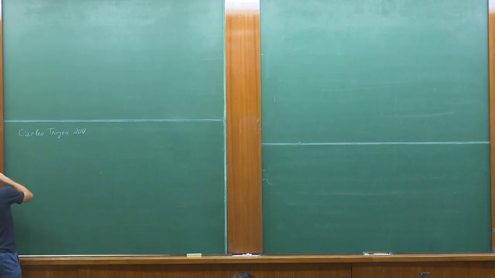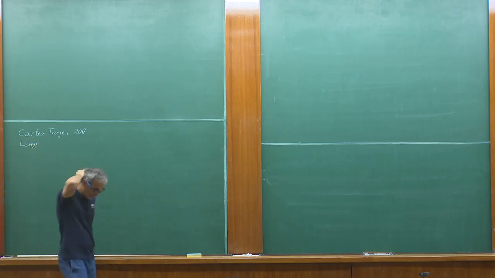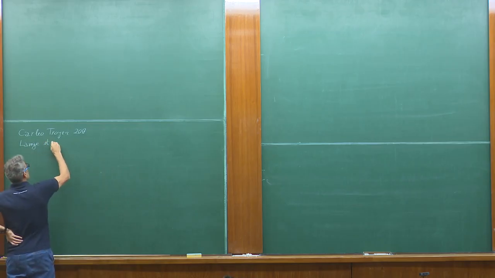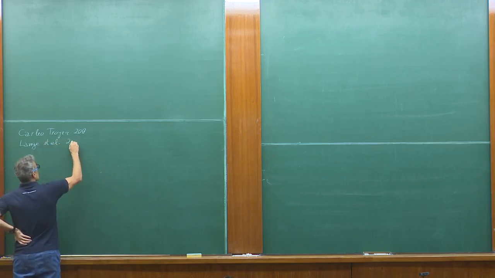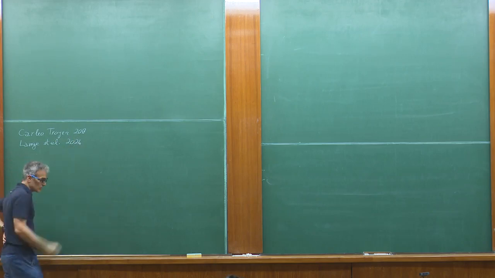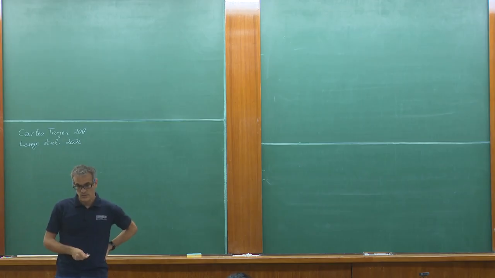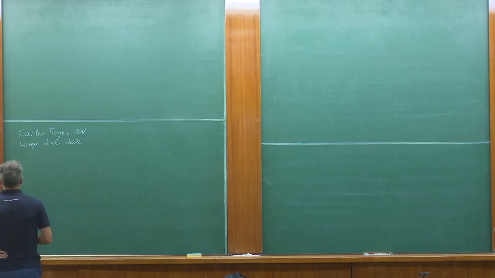I will tell you another one by Lange and others, like Annabelle Bohrdt and so on, et al. This was on the arXiv in February 2024. It's easy to find. It's about all the architectures and different things. So it's a very nice, good read.